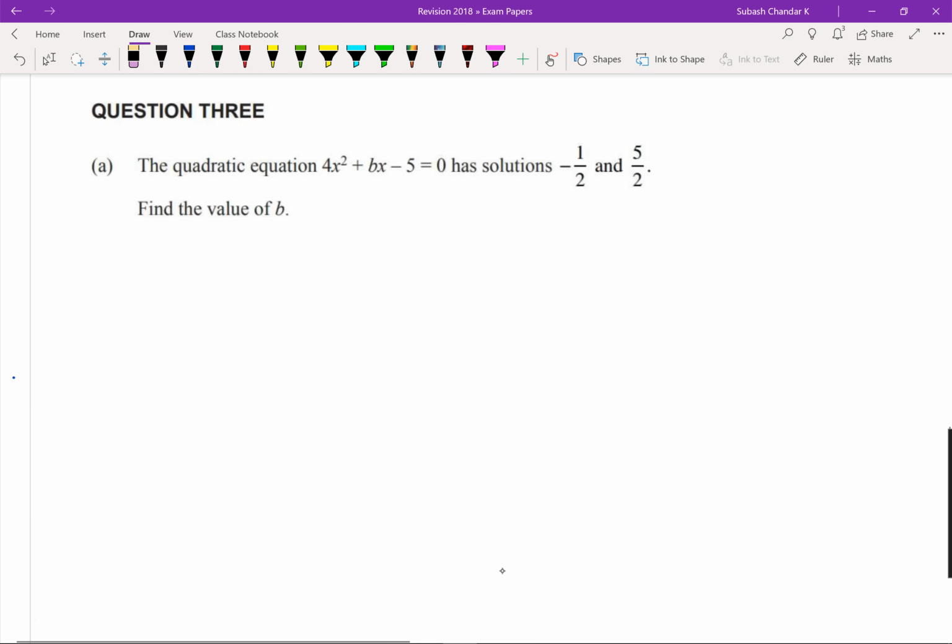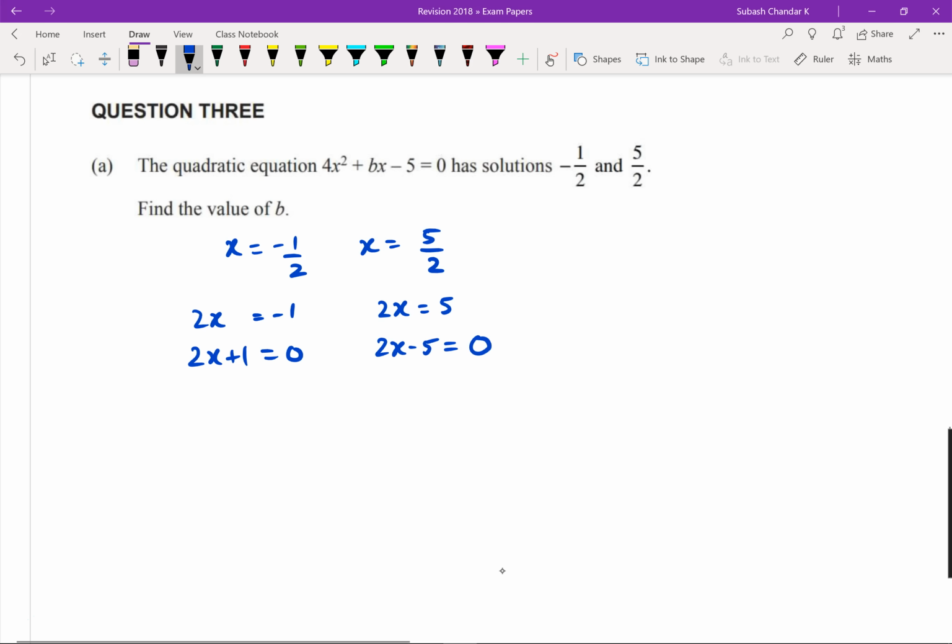All right, so what I'm going to do is, because I've got x is equal to -1/2 and x is equal to 5/2, I'm going to rearrange it. I'm going to get this as 2x is equal to -1, 2x plus 1 equals 0. And as for this side, I'm going to get 2x equals 5, 2x minus 5 equals 0.